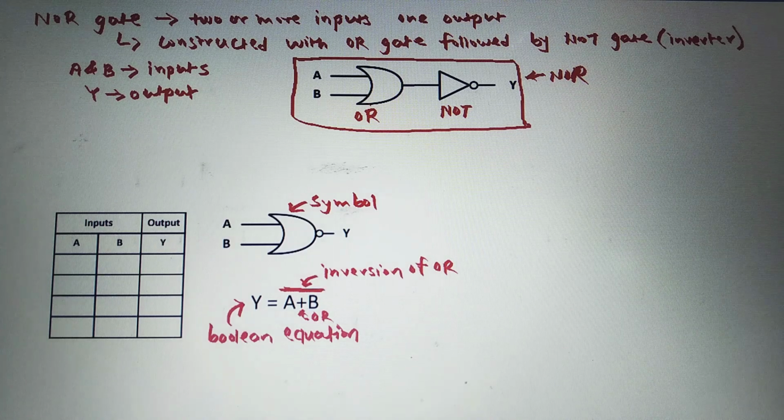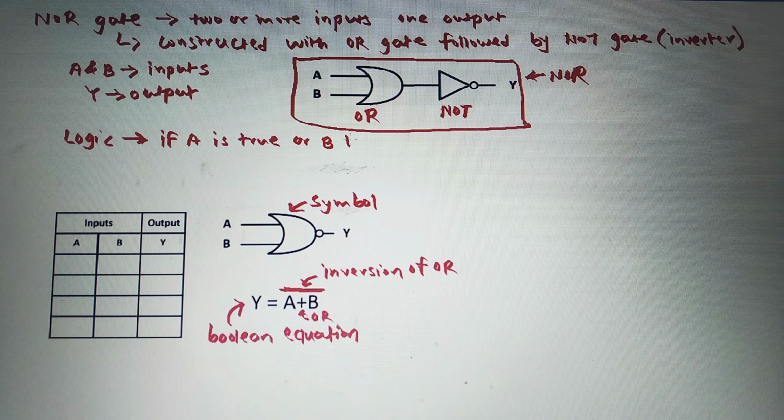Next we will see the logic behind this two input NOR gate. The logic behind this two input NOR gate is, if input A is true or input B is true, then the output Y is false.